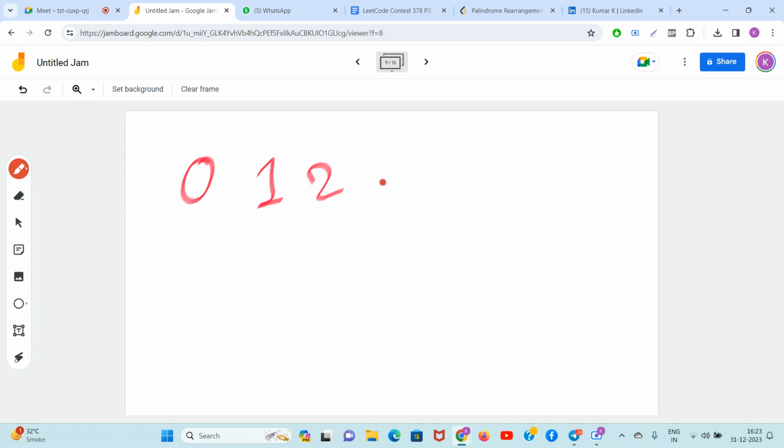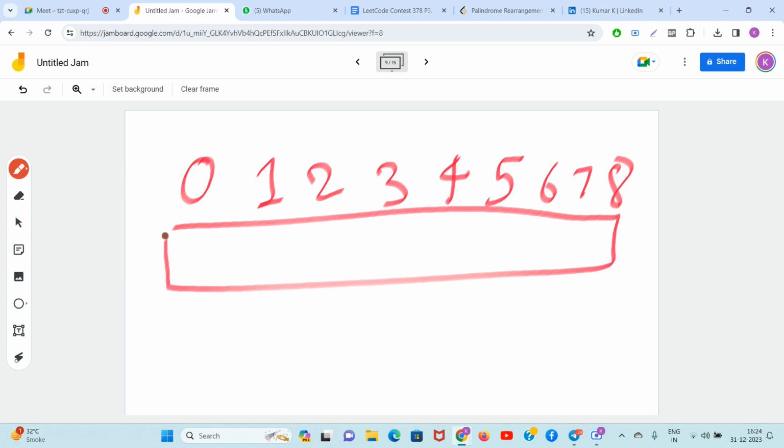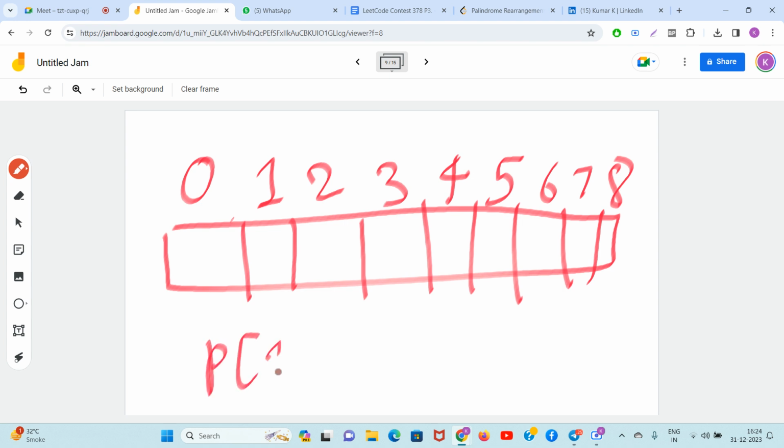For example, I'm just clearing these basic things before actually starting the question's analysis. Okay, so let's say this is the string given to us. Guys, I'm not writing the actual characters. Guys, if p of 1 equal to true, what is the meaning of that? Can you tell me in the chat? I will be creating another array p, prefix array.